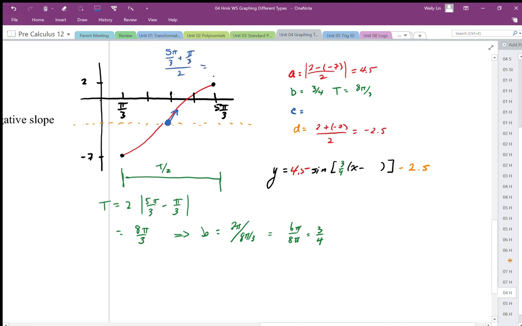So we end up with 6π/3 divided by 2, which is 2π over 2, or just π. So that middle position is π, which also represents the starting point of the sine function. So we're going to say we have a horizontal shift to the right of π. And there's our equation.